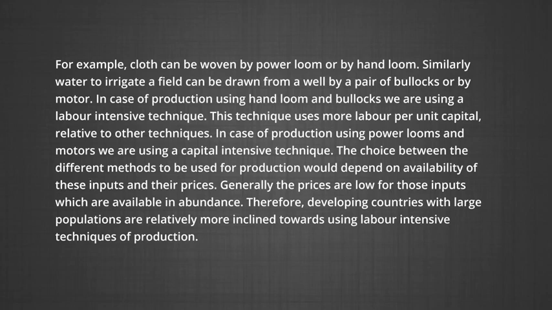Similarly, water to irrigate a field can be drawn from a well by a pair of bullocks or by a motor. In the case of production using hand looms and bullocks, we are using what we call labor intensive techniques. These techniques use more labor per unit capital relative to other techniques. In the case of production using power looms and motors, we are using a capital intensive technique.